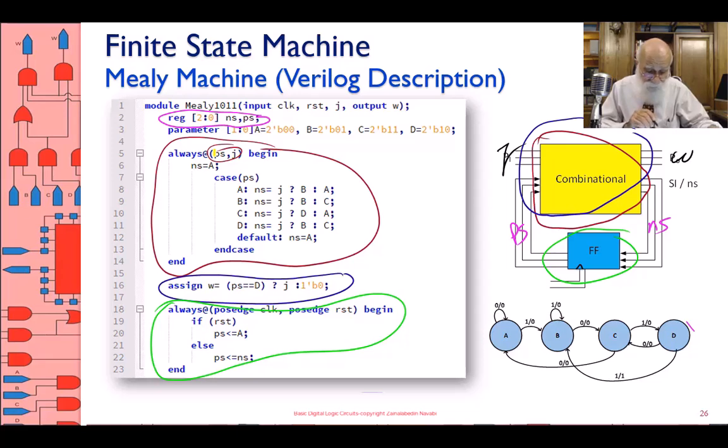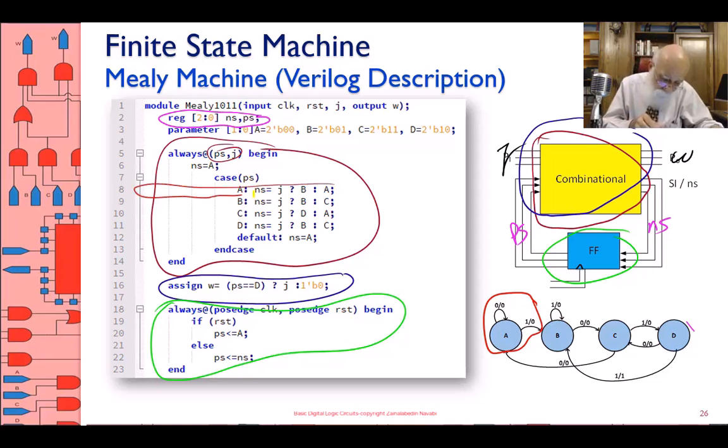Then on line 8, I'm looking at the state A. In the state A, if J is 1, my next state is B. Just read this.